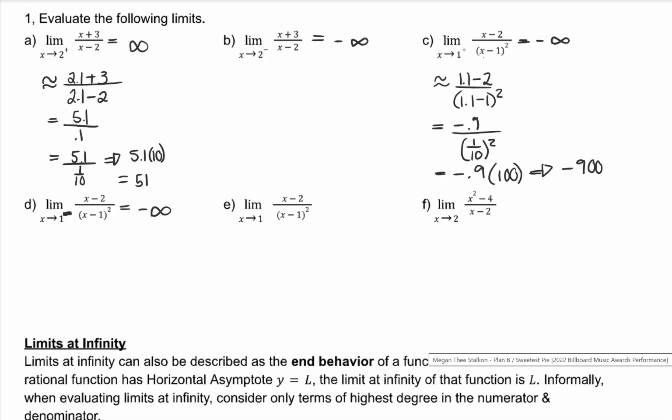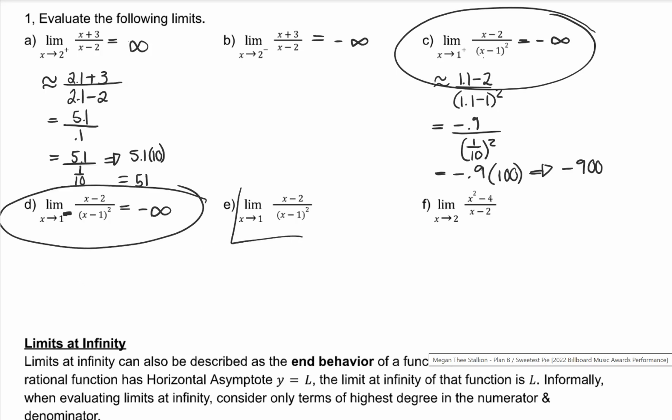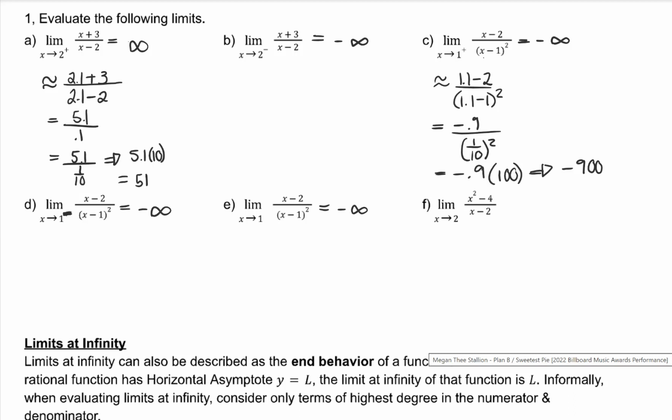And if the right-sided limit matches the left-sided limit, then the limit, not a one-sided, but the limit, is also equal to that. Here we have x minus 2. Is it a vertical asymptote?